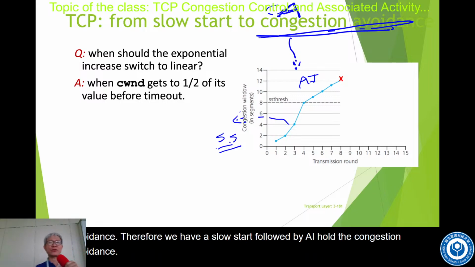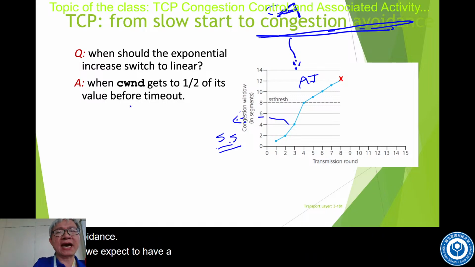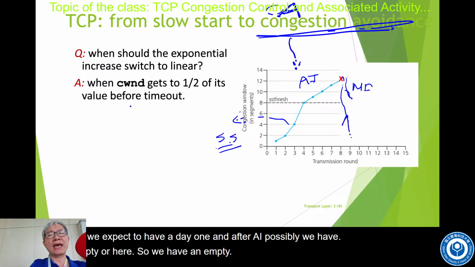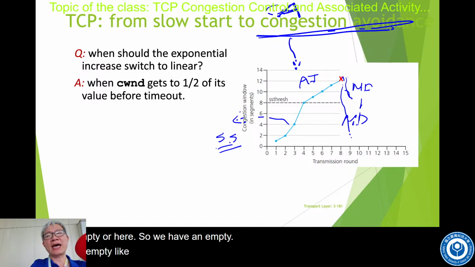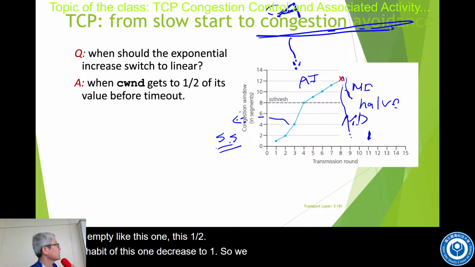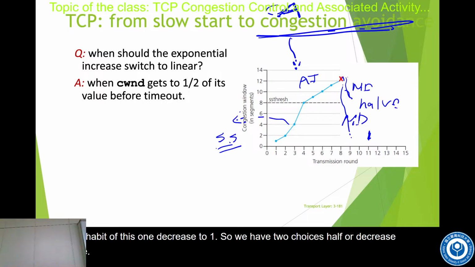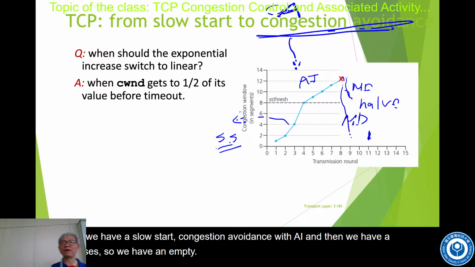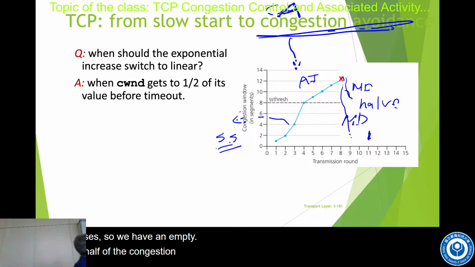And after AI, possibly we have MD. So we have two choices for MD: half it, or decrease to 1. So we have slow start, congestion avoidance with AI, and then a loss. Then MD takes the congestion window to half, or maybe to 1.